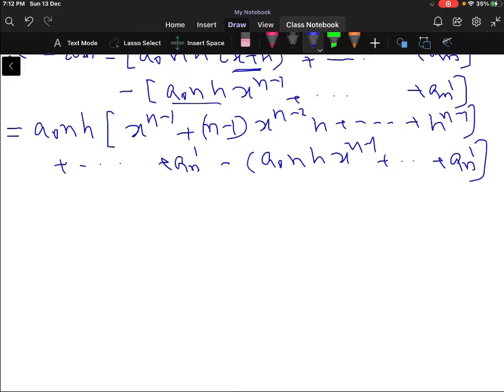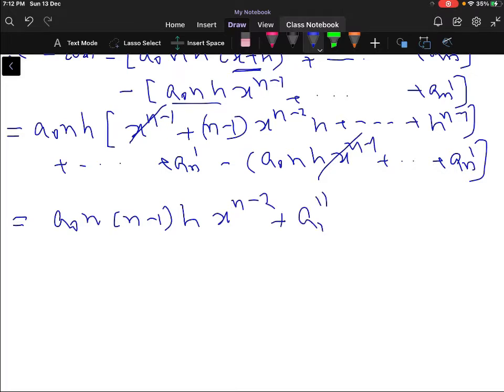Here a naught n h x to the power of n minus 1 and minus of a naught n h into x to the power of n minus 1 get cancelled. So this can be written as a naught n into n minus 1 into h x to the power of n minus 2 plus a1 double dash x to the power of n minus 3 and so on plus an double dash.